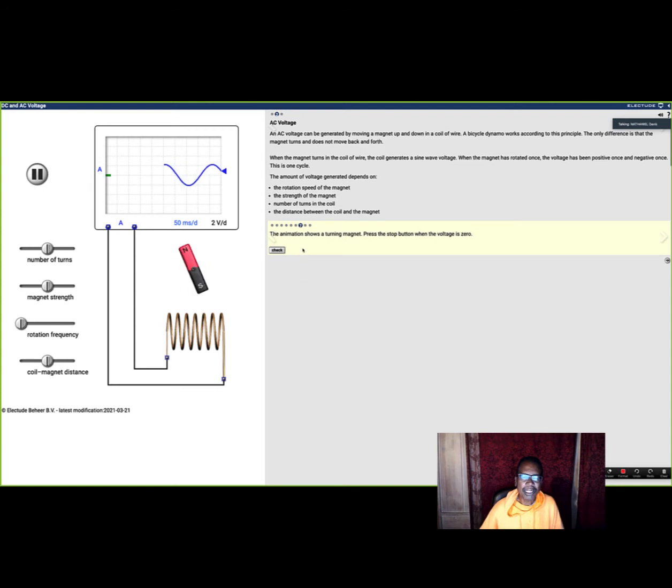The animation shows a turning magnet. Press the stop button when the voltage is at 0. So basically, if I get to 0 here, I've got to stop the button. I've got to play catching games here. That's not it. This is stupid, I should be able to slide it.